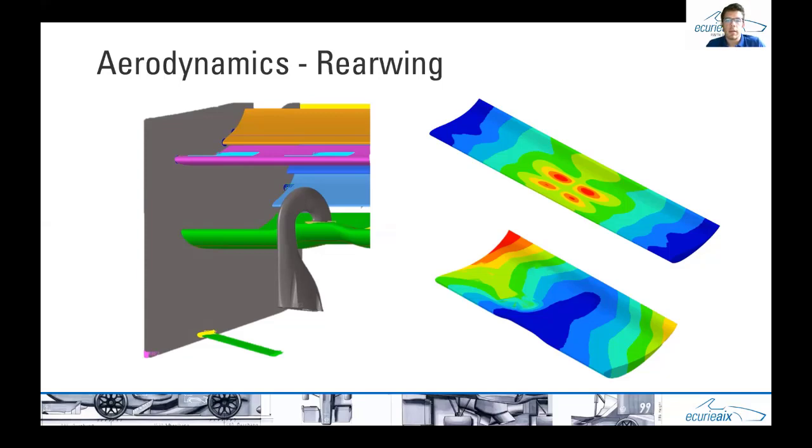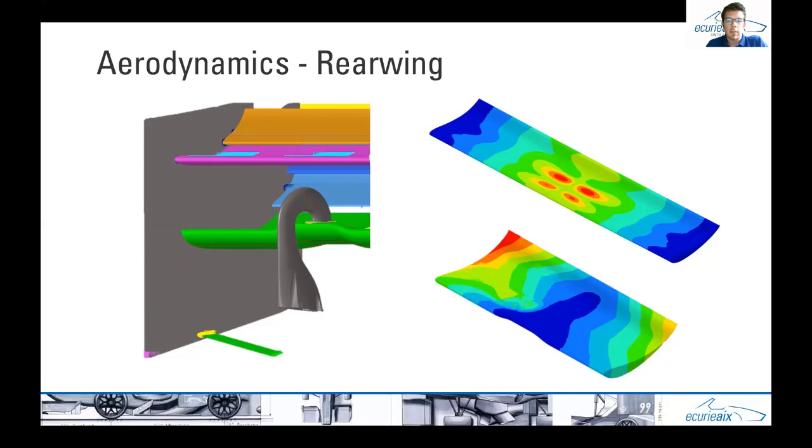We calculate on the one hand with the aerodynamic load, and on the other hand with the loads from the regulations. For example, every aerodynamic part is allowed to displace only 10 millimeters while 200 Newton act on a surface of 225 square centimeters.